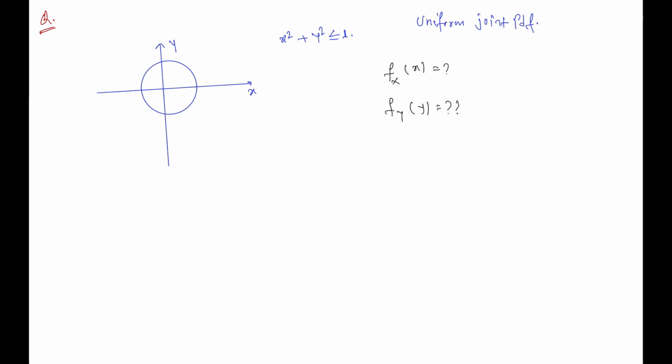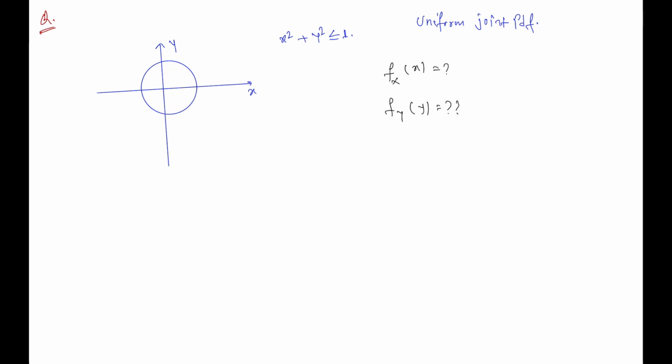That means we are interested in the probability of this region, and it is given that the joint PDF is uniformly distributed. That means each unit area will be equally probable, right?